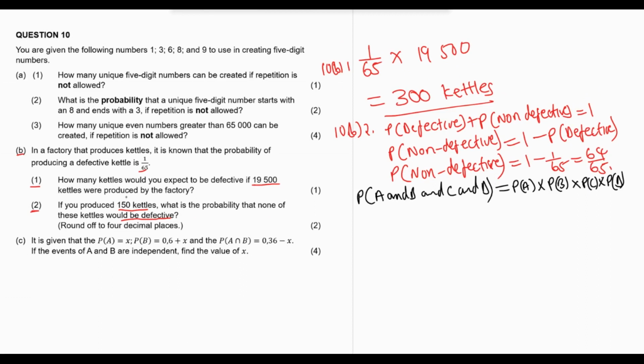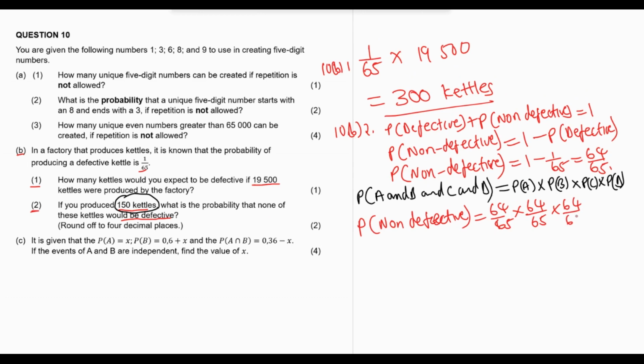So now we have 150 events. The probability of producing a non-defective kettle, they're independent. For the first one, the second one, third one, up to the 150th one. So these are independent events. So it means we're going to have probability of non-defective being equal to 64 over 65 times 64 over 65 times 64 over 65.